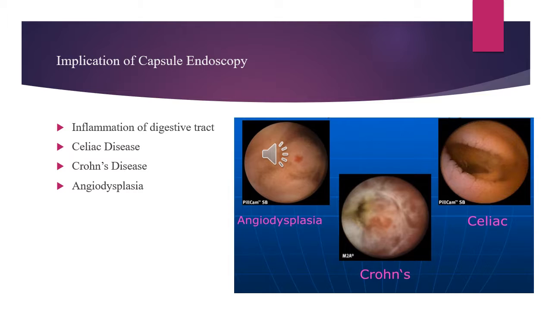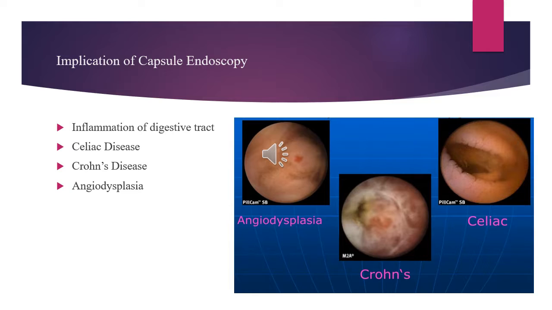Some common examples of small intestine disease diagnosed by capsule endoscopy include angiodysplasias, which is a collection of small blood vessels located just beneath the inner intestinal lining that can bleed intermittently and cause anemia. Also, small intestinal tumors such as lymphoma, carcinoid tumor, and small intestinal cancer.